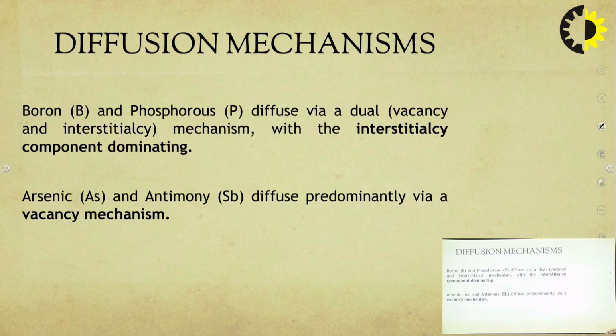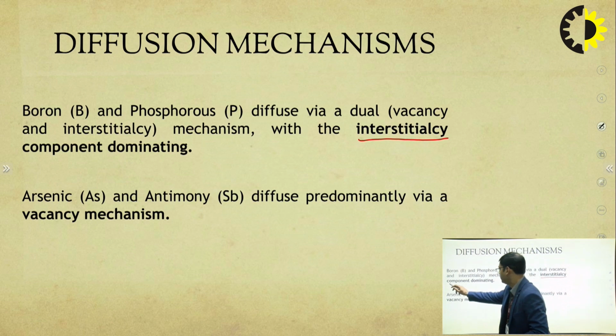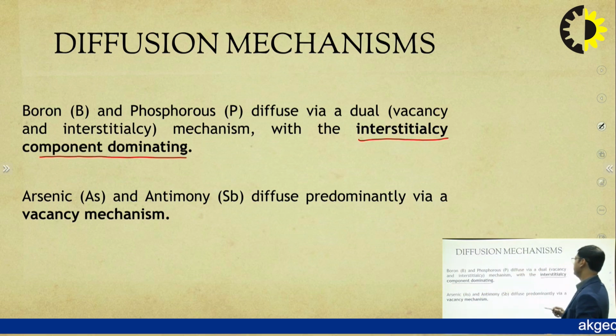Here we can see that boron and phosphorus are our dopants. Boron is our trivalent impurity and phosphorus is a pentavalent impurity. These dopants have the property that they move interstitially.